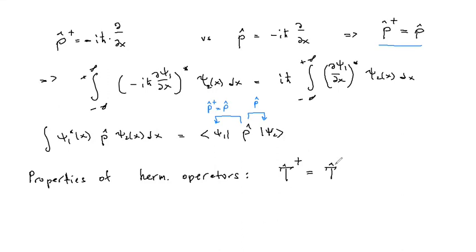So what kind of properties can we learn about these operators? Well, for example, let's find eigenvalues and eigenfunctions of this operator, T equals T dagger.